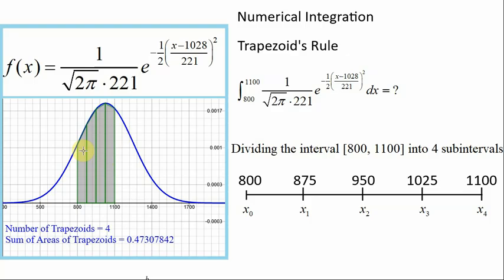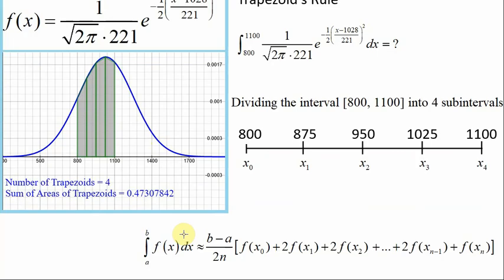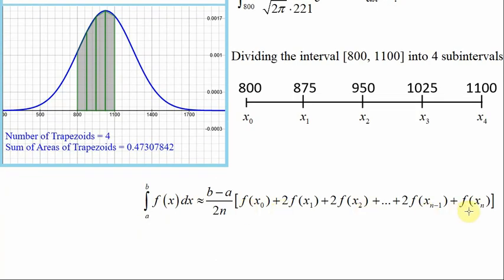And so instead of finding the area of each one individually, with Trapezoid's rule we have this formula right here. Here n would be 4, since we have 4 trapezoids. The first thing we need to do is divide the interval from 800 to 1100 into 4 sub-intervals, since we want 4 trapezoids.